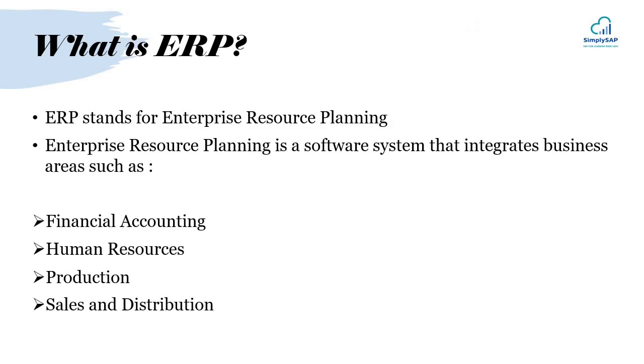So what is ERP? ERP stands for Enterprise Resource Planning. Most of you must have heard about it, correct? Yes. Enterprise Resource Planning is a software system that integrates business areas such as financial accounting, human resources, production, sales and distribution. So ERP is a platform companies use to manage and integrate the essential parts of their business.